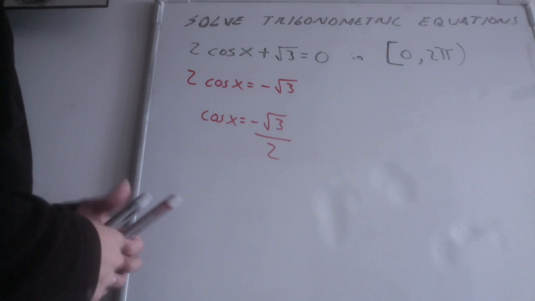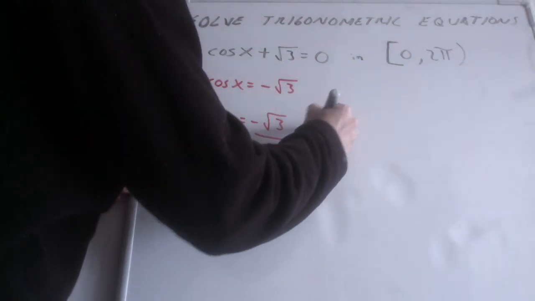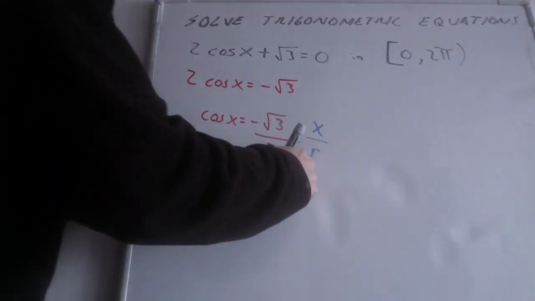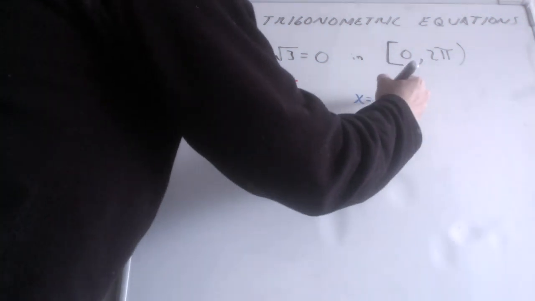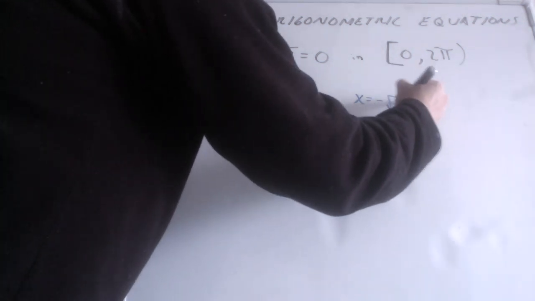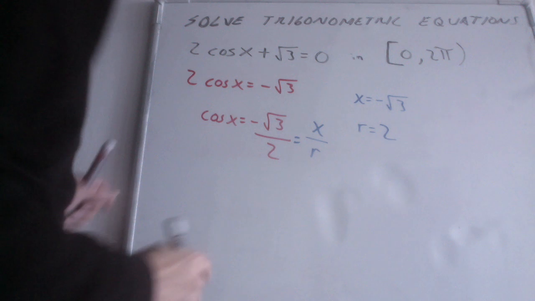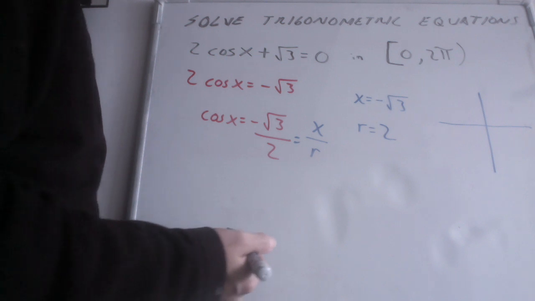Okay, so we have cosine. We have to remember cosine in letters is x over r. So our value of x is negative square root of 3, and the r is always positive, that is 2. Because x is negative, we have to know in which quadrants x is negative.